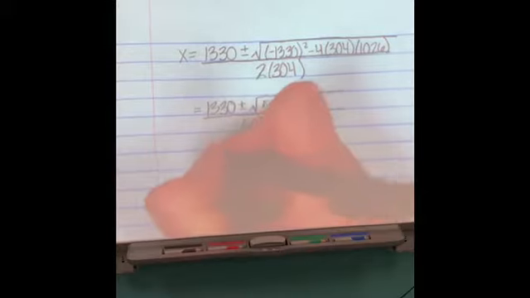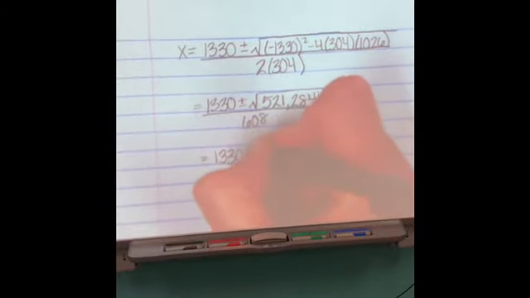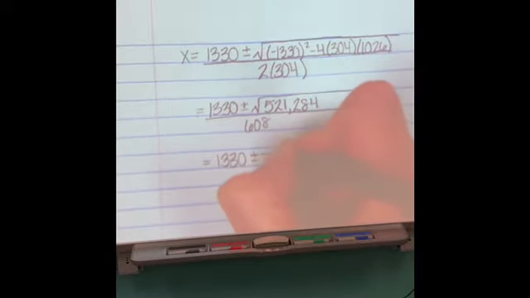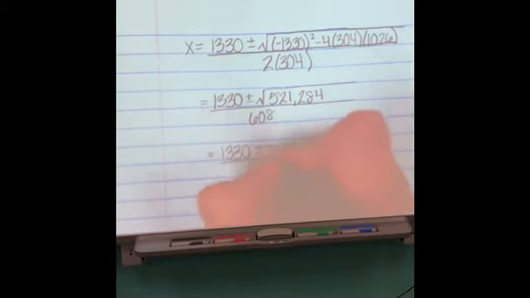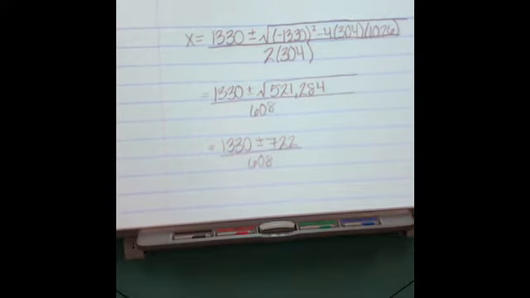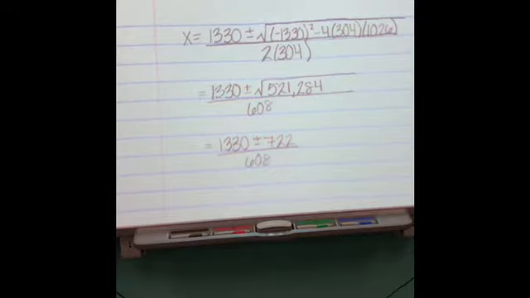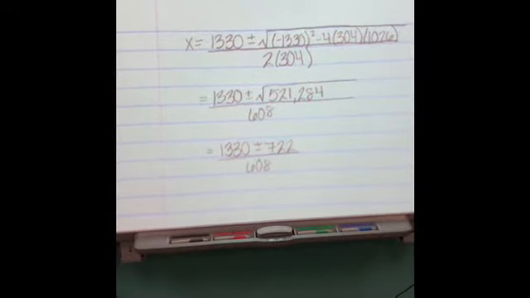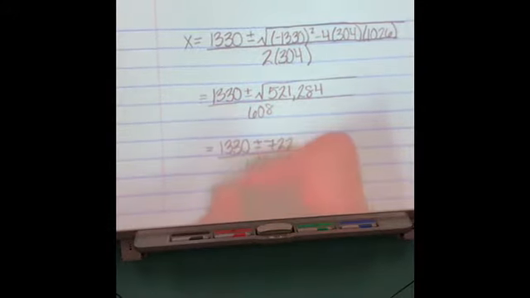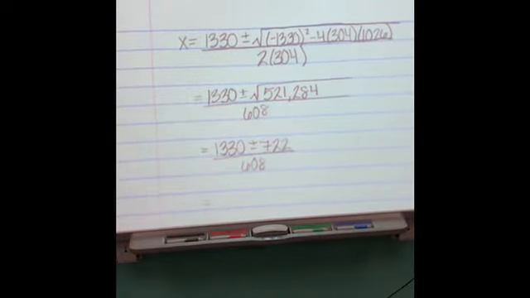I get 1,330 plus or minus 722 all over 608. Okay, and that'll give me two different answers here.